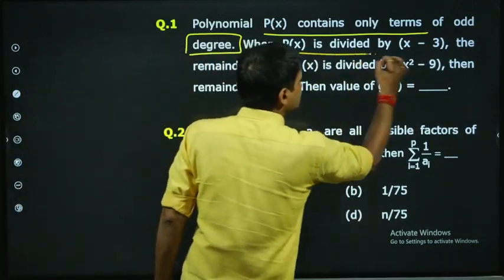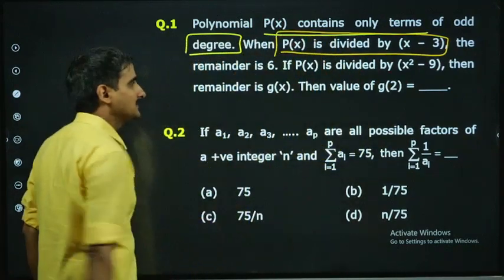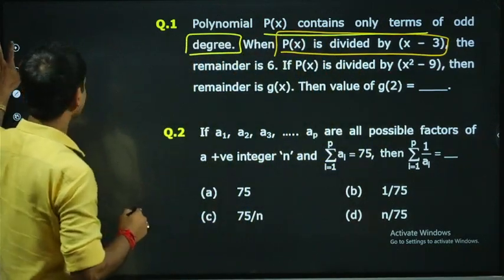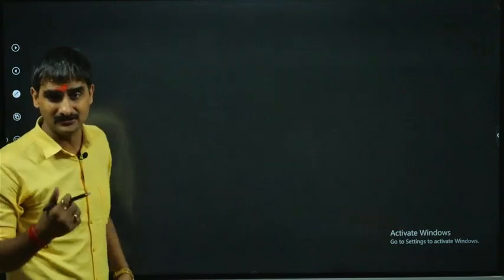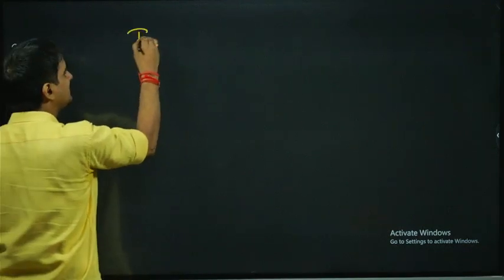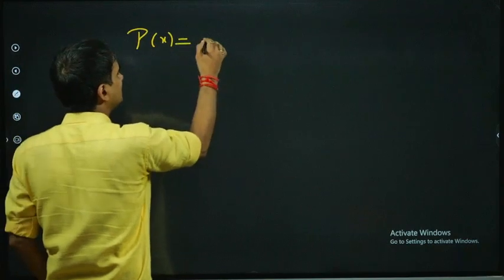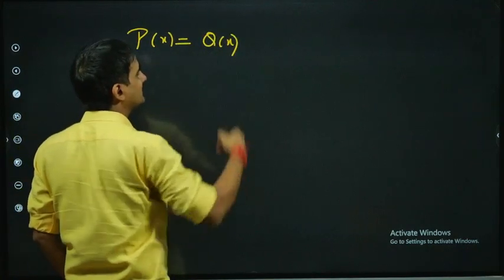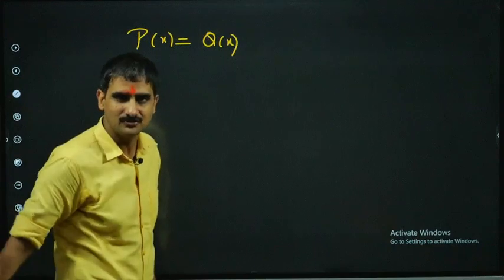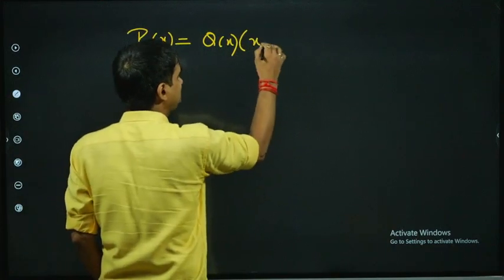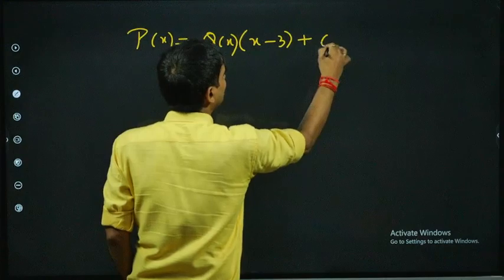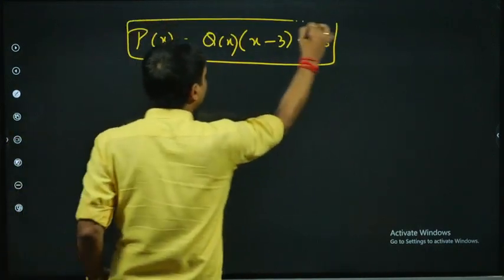Now when p of x is divided by x minus 3, the remainder is 6. So using the division algorithm, dividend is equal to quotient q of x into divisor plus remainder. That's one piece of information.